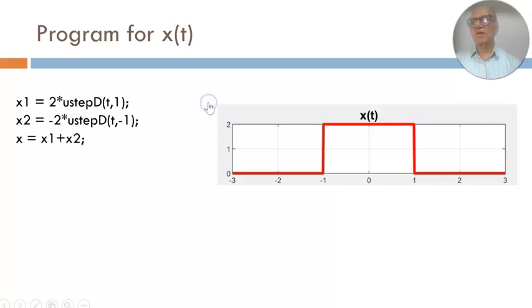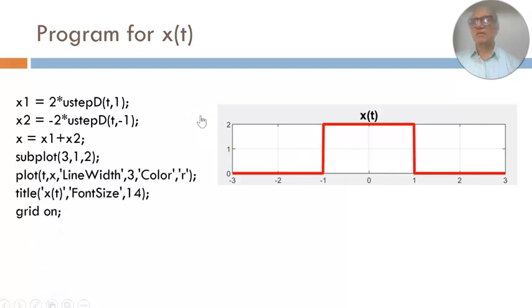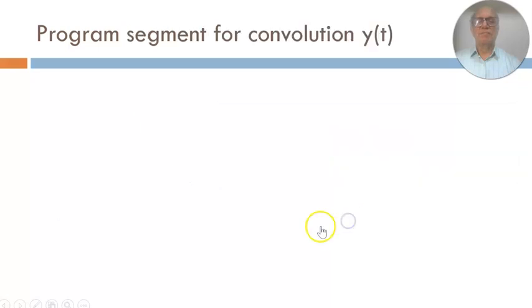That is what we are doing. So x equal to x1 plus x2, that generates this function, and then you can plot it as usual. So when you do this, you will get this. So that is your program for calculating and displaying xt. This is a program segment, part of the entire program.